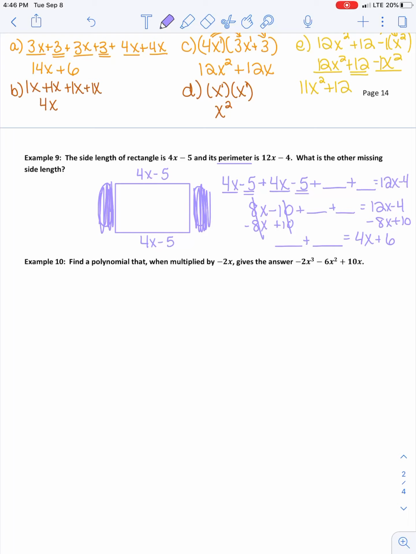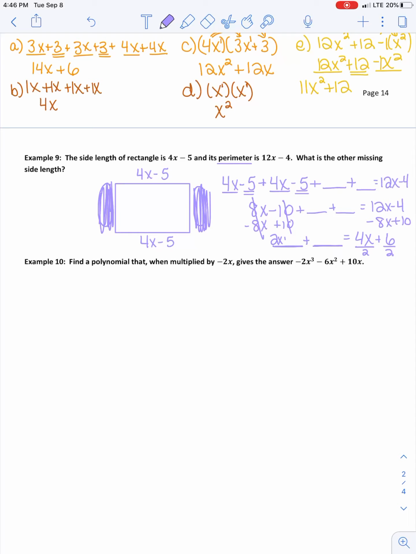Okay, so now I have two sides that I need to figure out. Those are my blanks. Now, the thing about those two sides is that they both have to be congruent. So they have to be the same. So basically what I can do is divide both of these by 2 to figure out what each of these sides is going to be. So if I take the 4x and divide by 2, I get 2x.